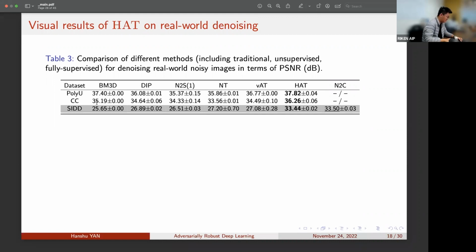We can see that on the SIDD dataset, our method only used synthesized common noise images, and the performance is very close to the N2C one.